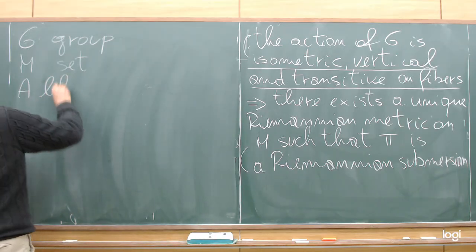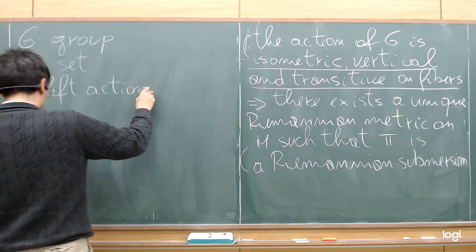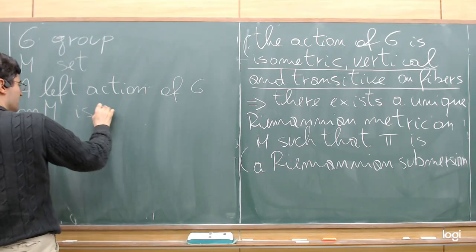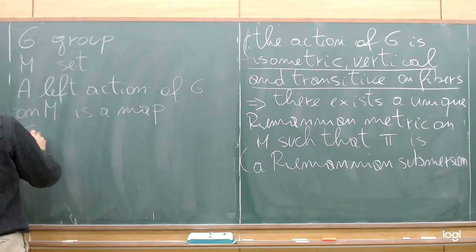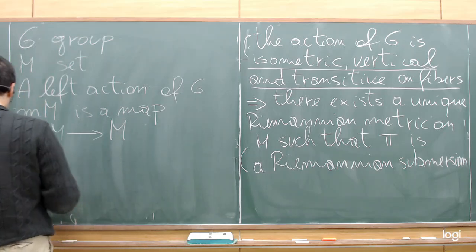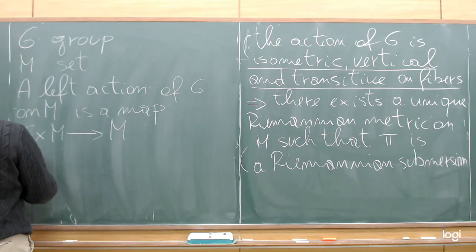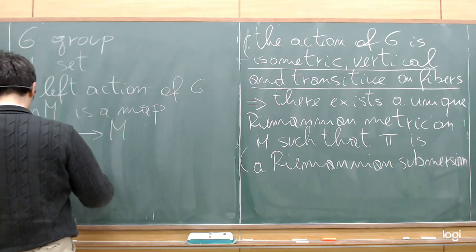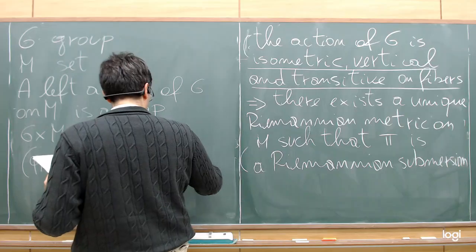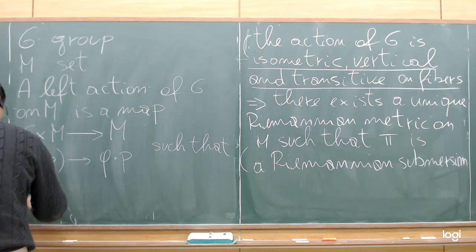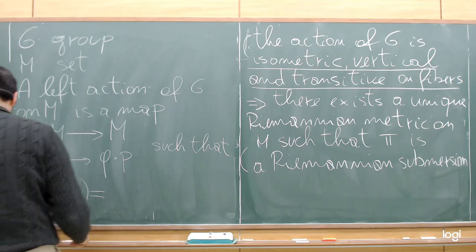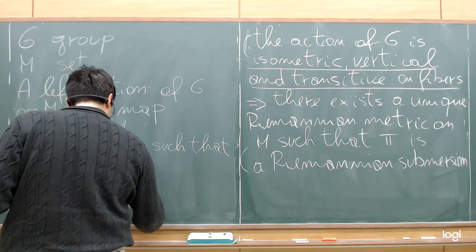So a left action of G on M is a map defined on G times M with values in M, which sends (phi, p) to phi dot p, satisfying the following property: phi 1 dot (phi 2 dot p) is the same as (phi 1 composed with phi 2) dot p.